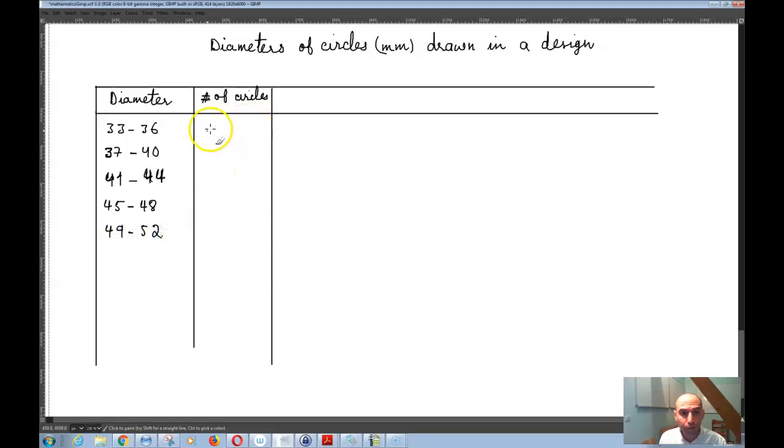So you have 15, 17, 21, 22, and 25 here.